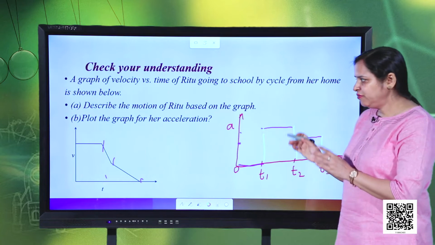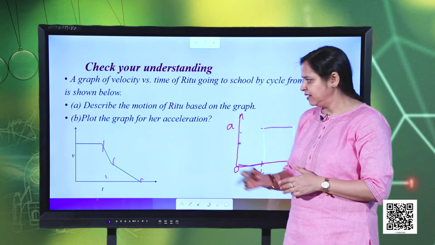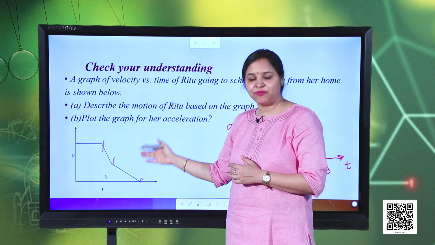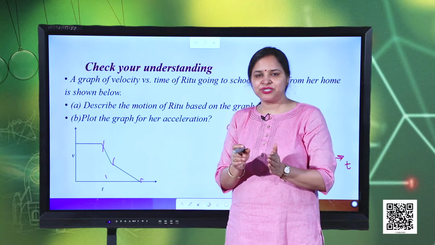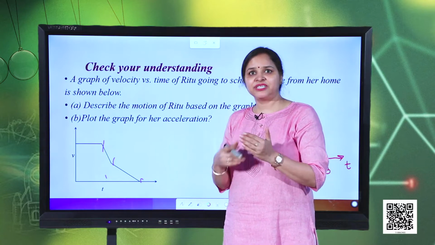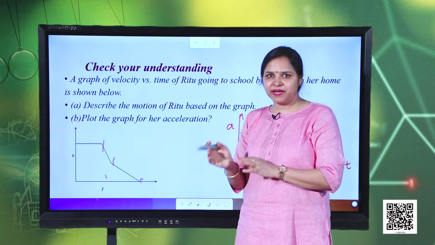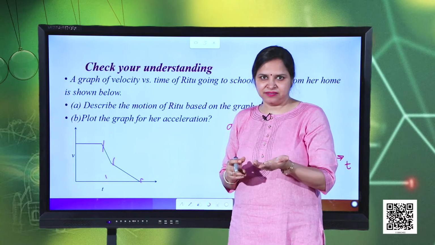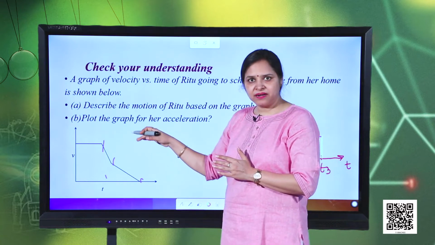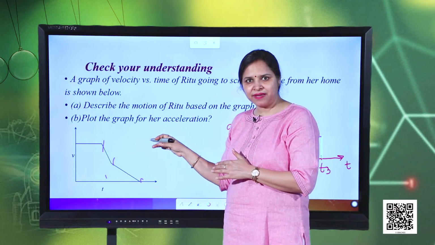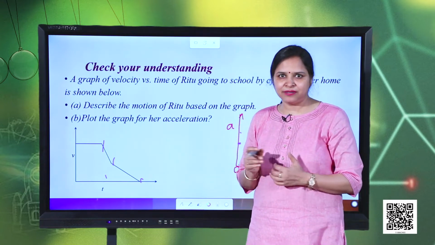So, what do we learn from this simple graph? So much information we can obtain. With the help of a simple velocity time graph we have compared the acceleration, where it is more and where it is less, by comparing the steepness of the curve, and where the velocity graph was parallel to the time axis, we can conclude that acceleration has to be 0.